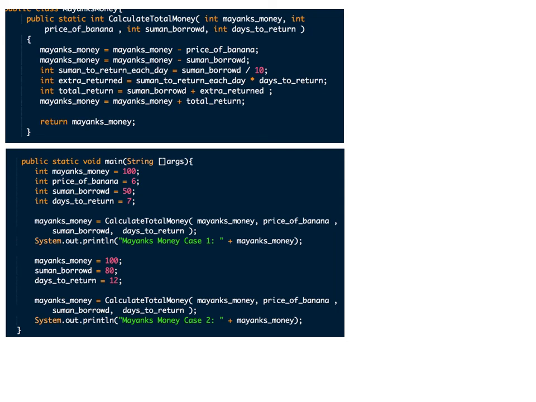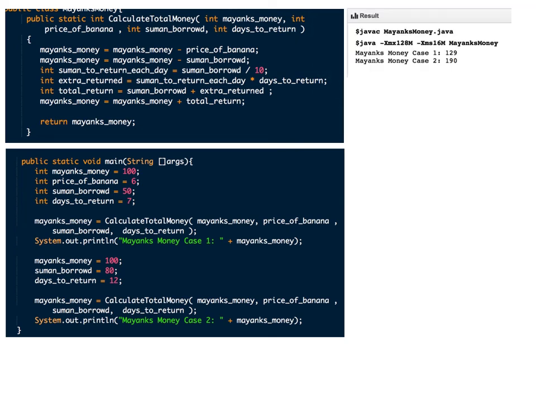And similarly, we now changed my money to 100 rupees, the borrowing to 80 rupees, and then we changed the days from 7 to 12. It's very simple and can be easily read. Calling this function, we got the newer amount.